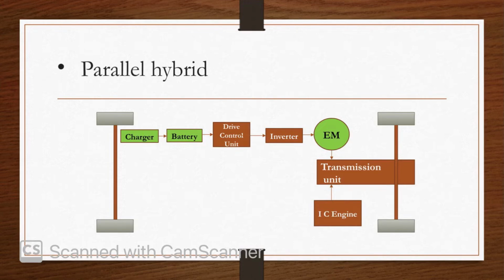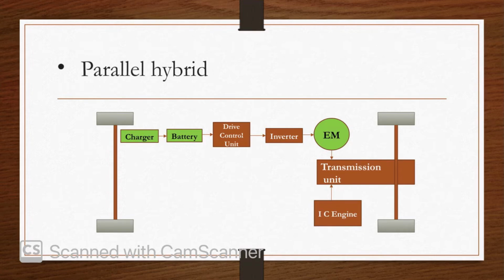Now we will see the power flow in parallel hybrid electric vehicle. In this also there are two types, first from battery and second from IC engine. The battery power flow is given to the drive control unit, then to the inverter, then to the electric motor.